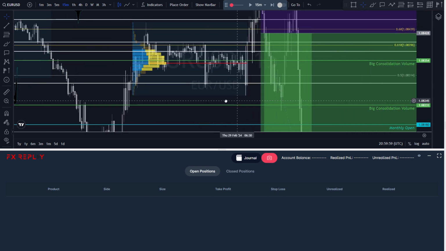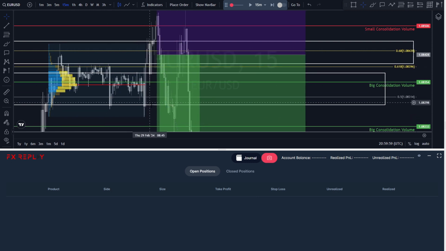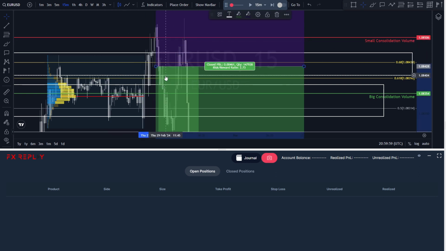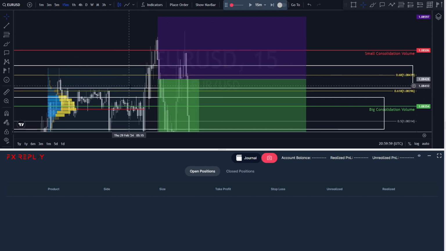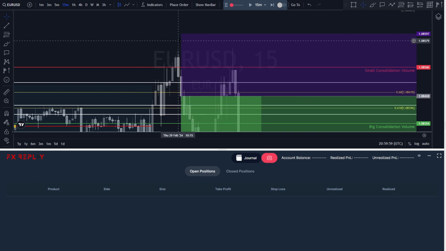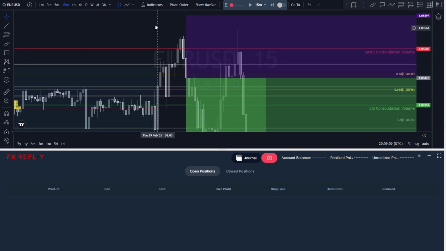Next trade was again consolidation or accumulation, manipulation into the 3-hour order block into the volume area, and then on a really good impulsive, even 2 good impulsive movements that you can see right here and right here, I entered, stop loss above it with a little breathing room.